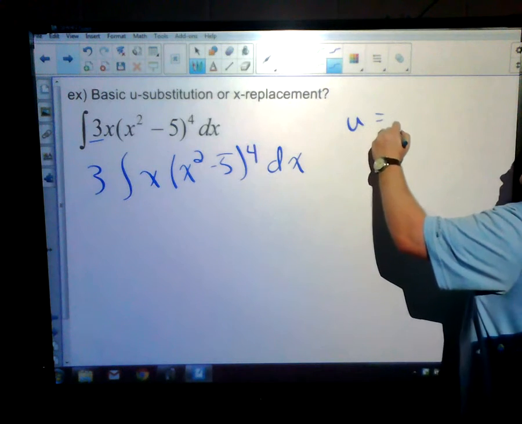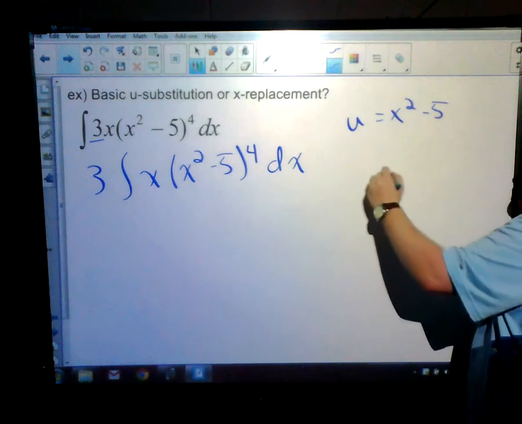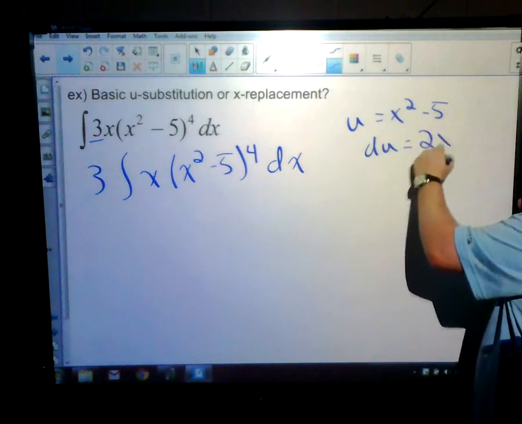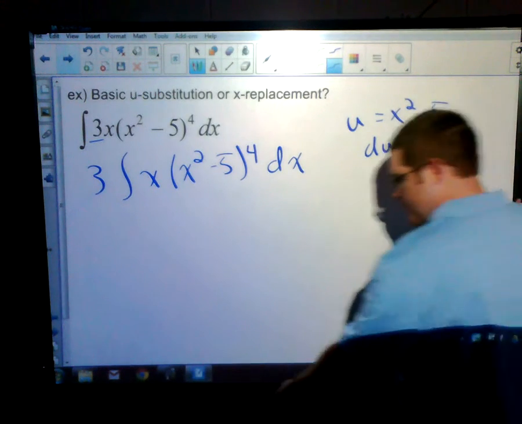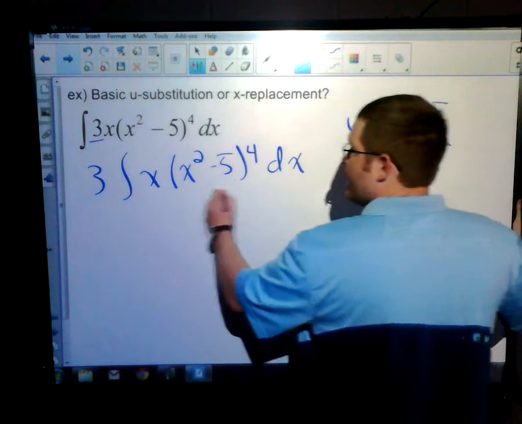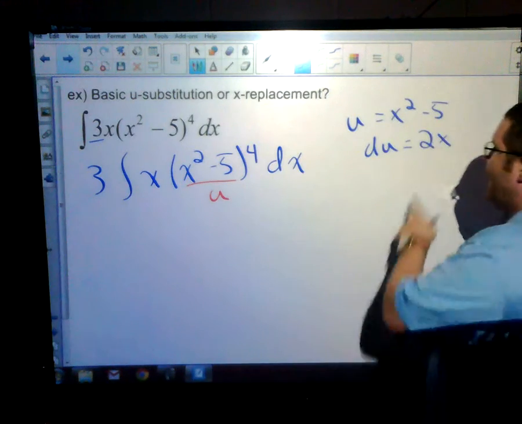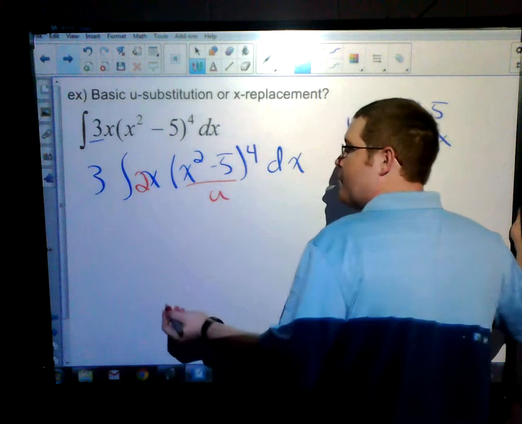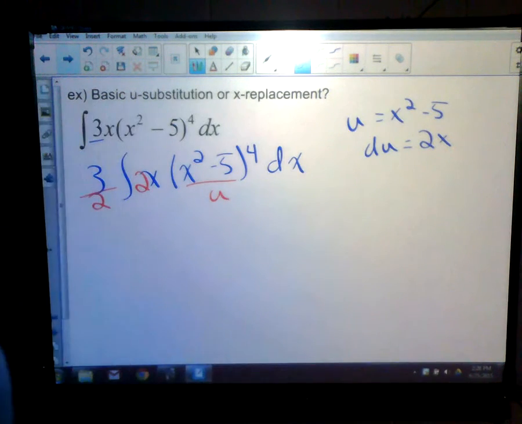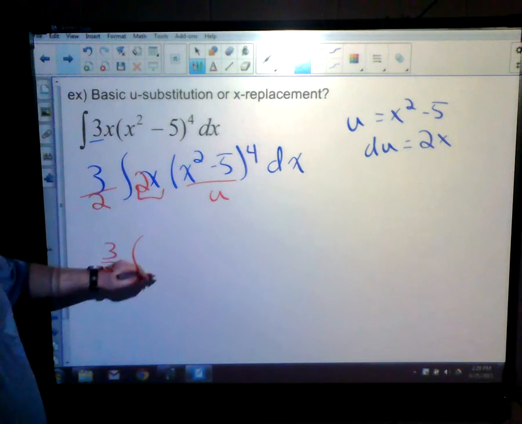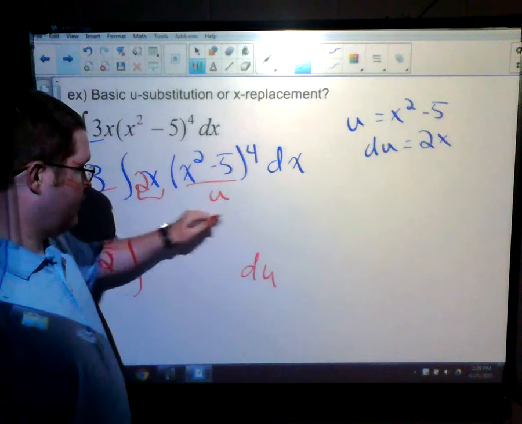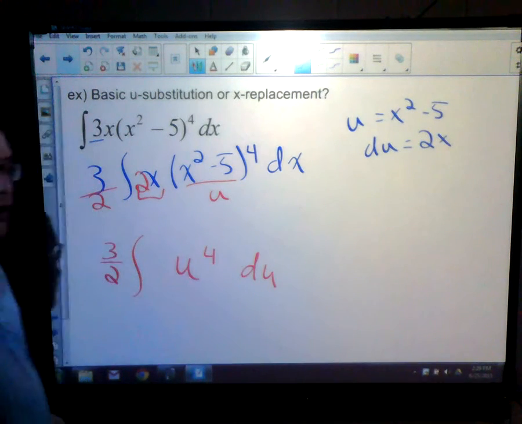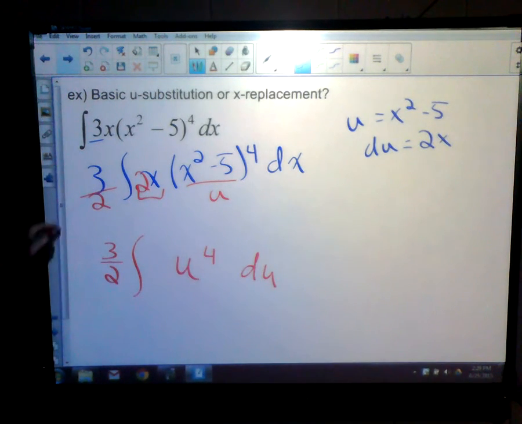So u is x squared minus 5, du is 2x. That becomes u to the 4th. I need a 2x. I only have an x. I'm going to put a 2 right there. If I balance it, I need a 1/2 in front. But I already had a 3, so it's 3/2. So this becomes 3/2, this becomes du, and that becomes u to the 4th. This is a pretty easy U substitution problem.